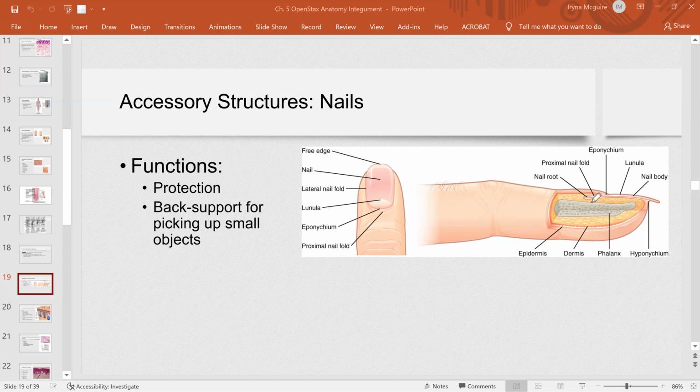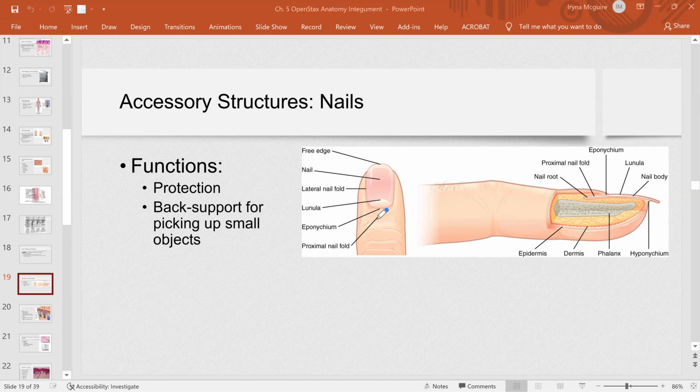right? And this is called the nail bed. Now we have a proximal nail fold, right? And what else? Yeah, this is the bone, by the way. Now, if you look here, this white part is called lunula. This fold of skin is called eponychium, and this one hyponychium.